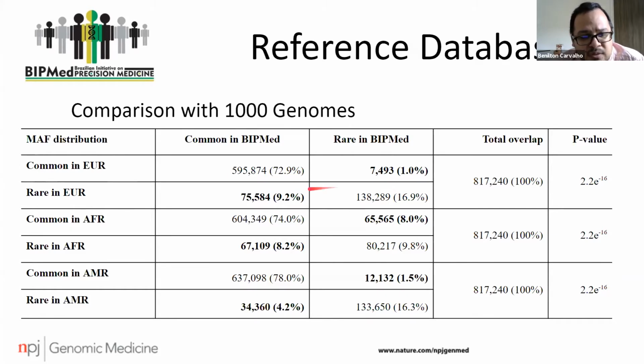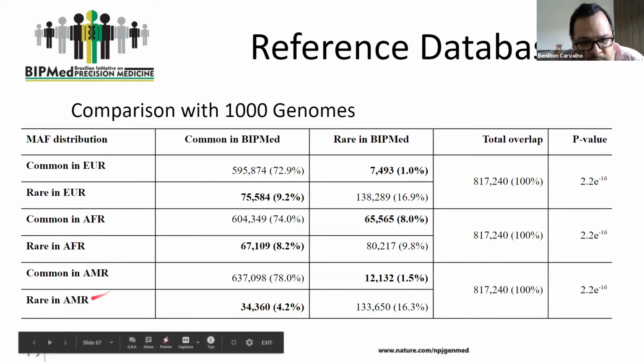So markers that are called rare in European populations, about 75,000 of them, were actually seen as common here in subjects in Brazil. And the same behavior would happen with African populations and American populations, mixed populations in general.